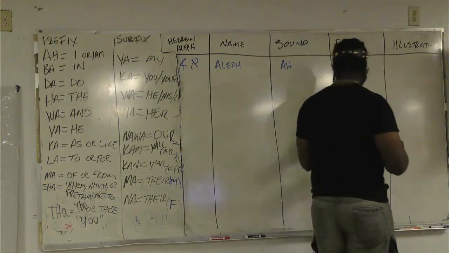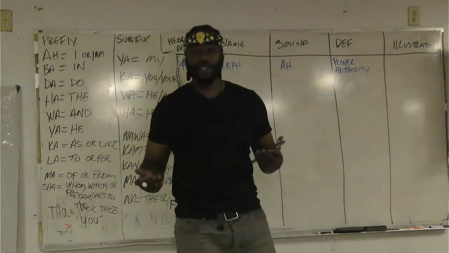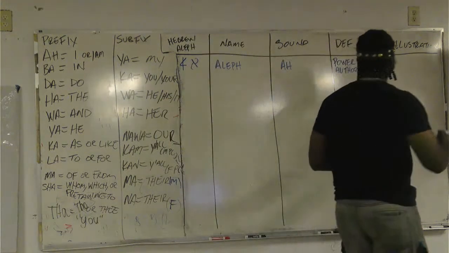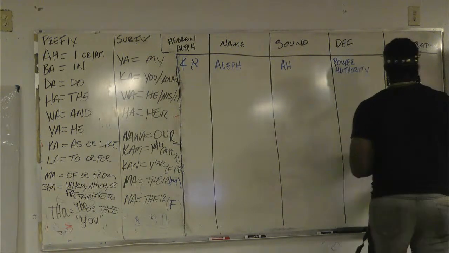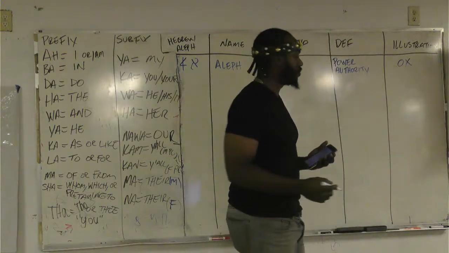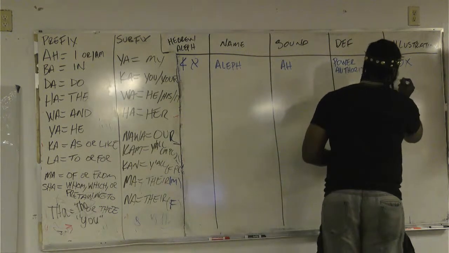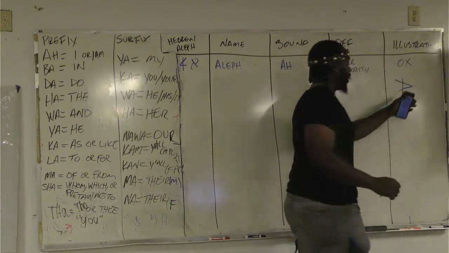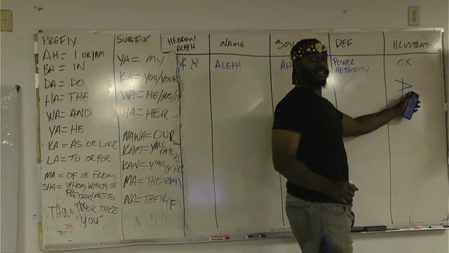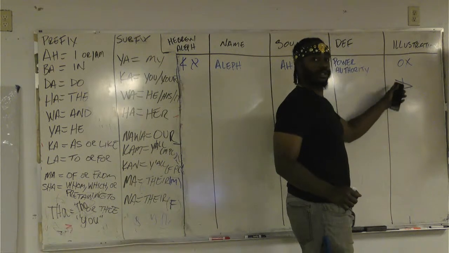All right. And the illustration that it came from is an ox. Well, how do we get ox? So look, that's the ox's head. That's his horns.